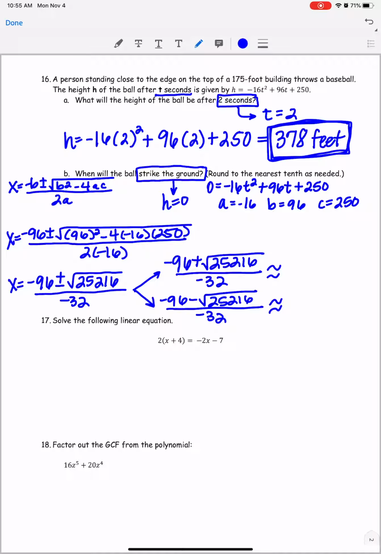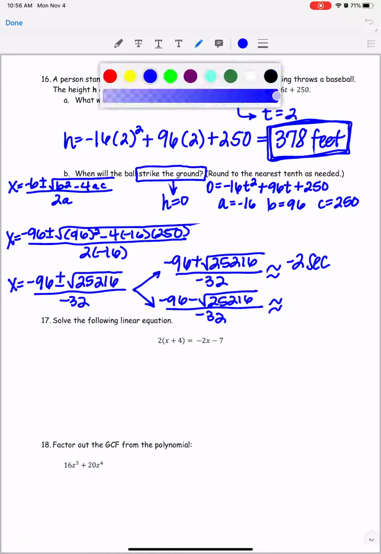Divide that by negative 32, and we get negative 1.96. If we're rounding to the nearest tenth, this 6 makes this 9 go up, which makes this go up. So this is actually going to be about negative 2 seconds.